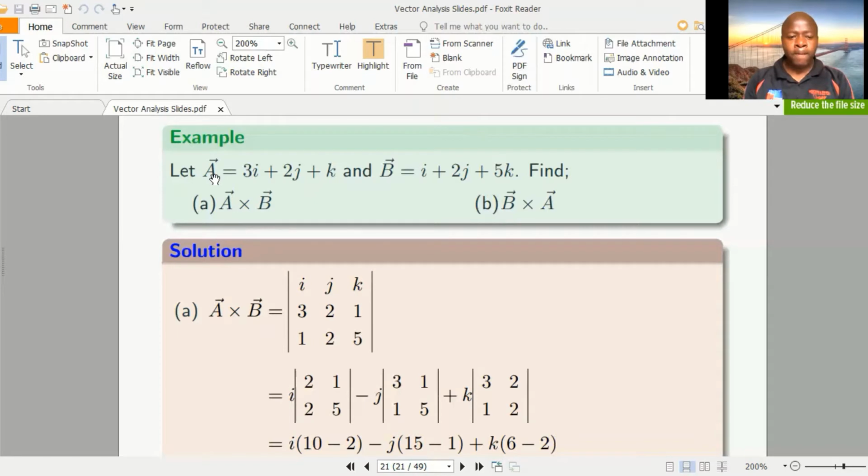Part A, so we use the method of obtaining the determinant, I, J, K, and then it's A cross B. I begin by listing the coefficients of vector A, which are 3, 2, 1. And then they're followed by vector B. The coefficients are 1, 2, 5.